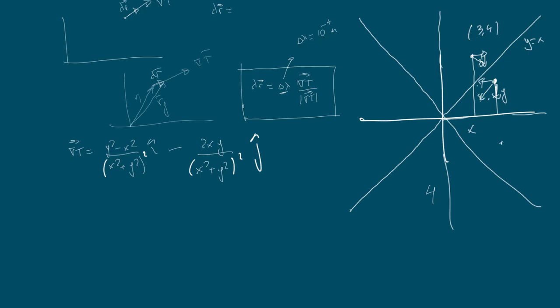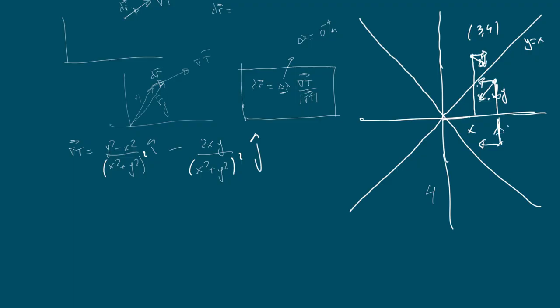Well, the x component, because the y is smaller than the x, will be negative and will go like this. And the y component, the y is negative and the x is positive, so this will go up.